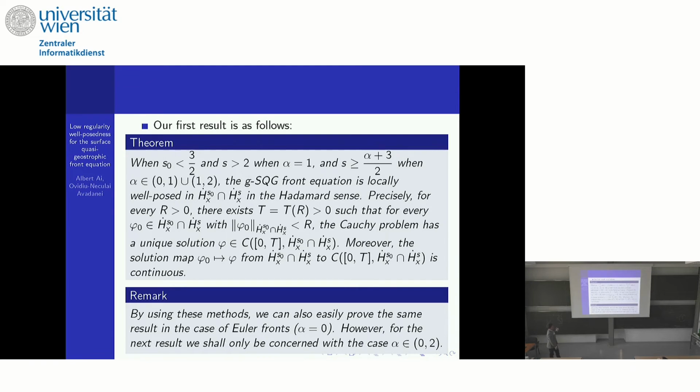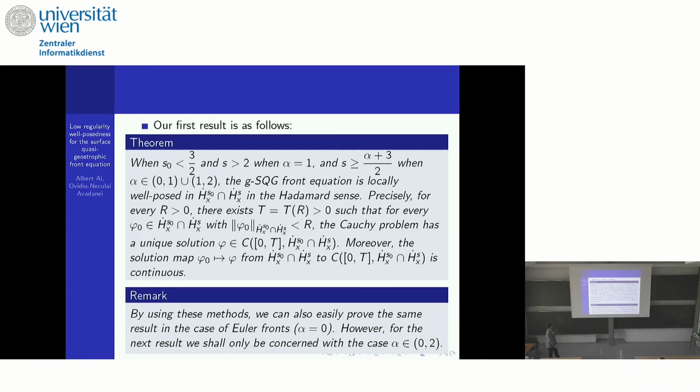To be more specific, for every positive radius R, there exists a time depending solely on the radius, such that for every initial data in the open ball of radius R, the Cauchy problem has a unique solution, phi in C of [0,T] with values in H dot s0 intersecting with H dot s. Moreover, the solution map taking phi 0 to phi is continuous.